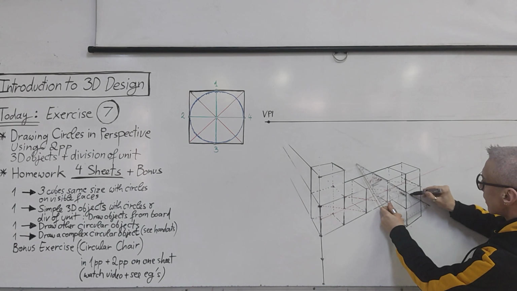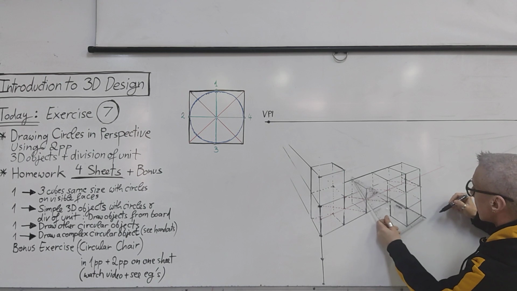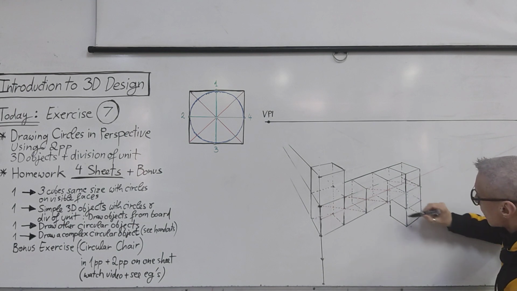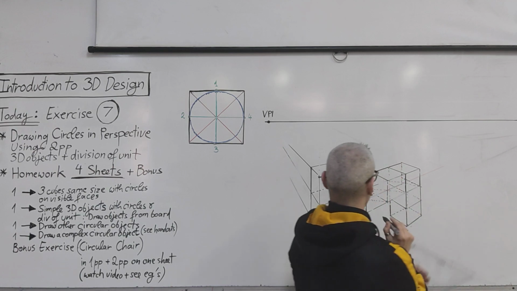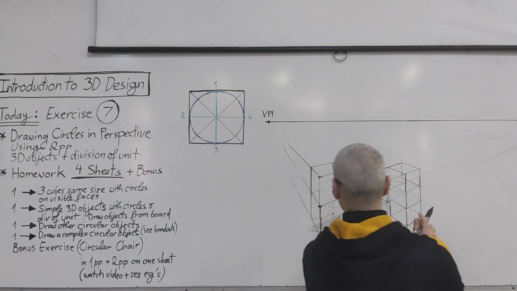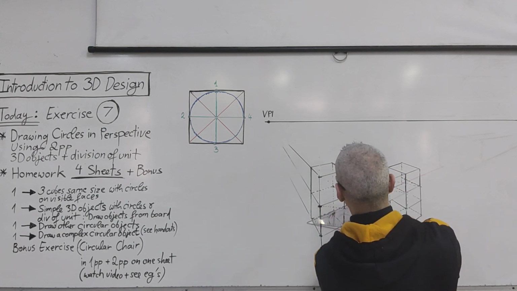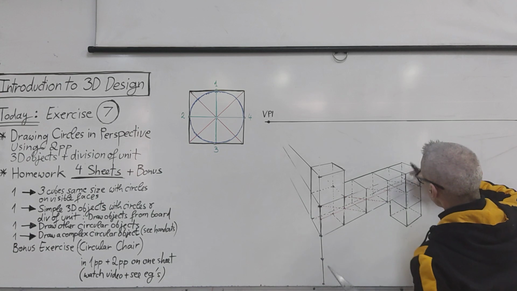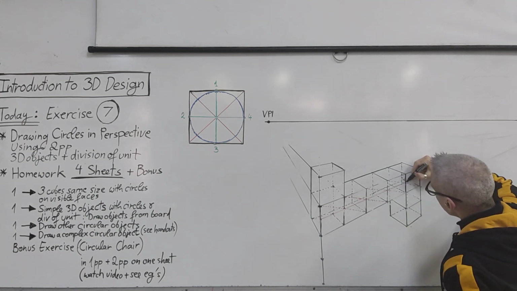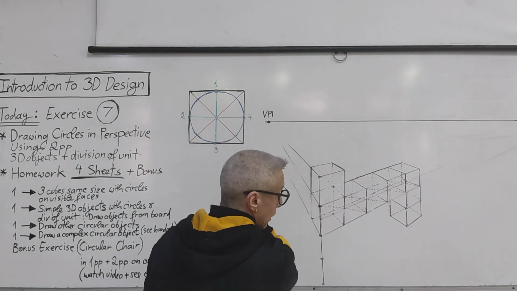Need to draw all of the hidden faces inside. And from here also. So all of the hidden faces inside with dotted lines we need to draw.